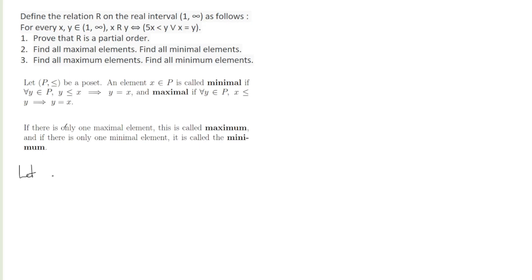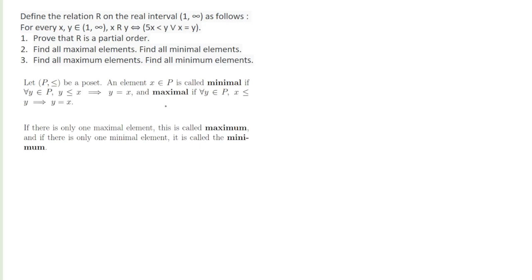And so what we're interested in is we want y is related to x. Now what I'm interested in there is to show this thing's maximal. I need that for every y in P, if x is less than or equal to y, then y is equal to x.